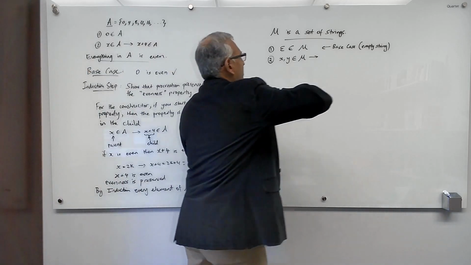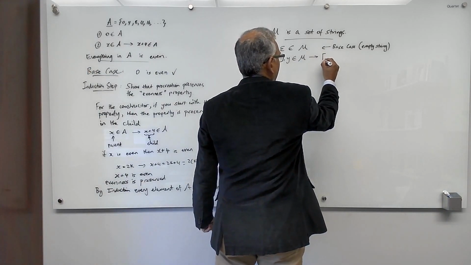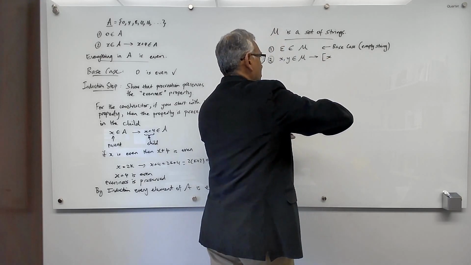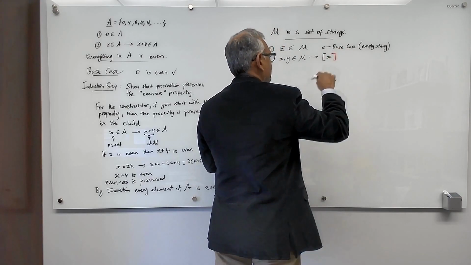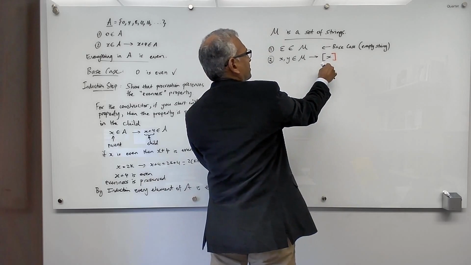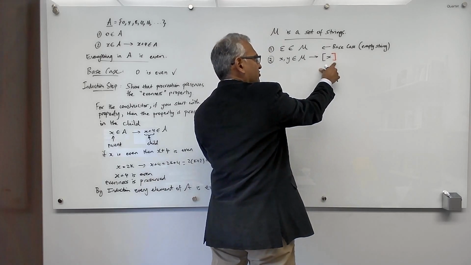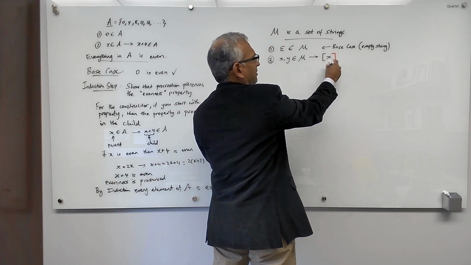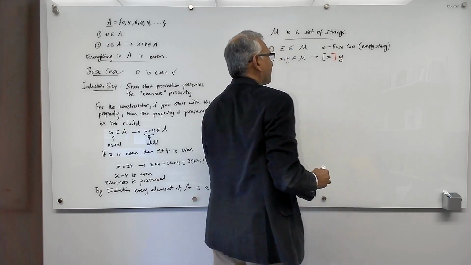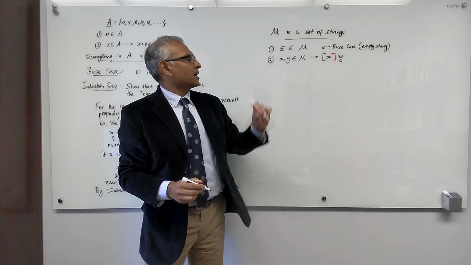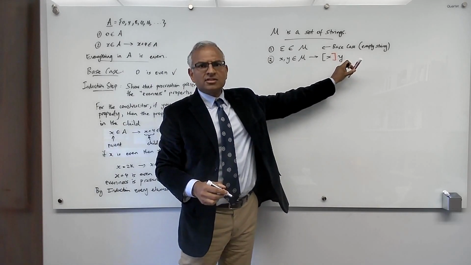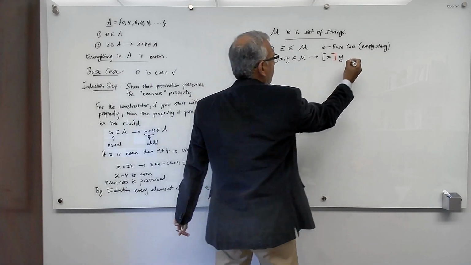I'm going to put an opening parenthesis, surround X in an opening and a closing parenthesis, and then add Y. So if X and Y are in M, then this strange thing is also in M.